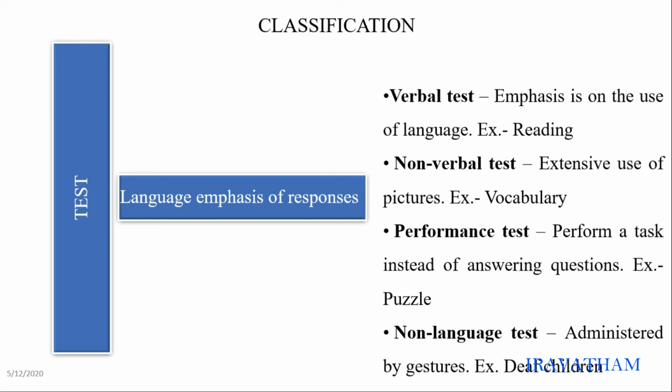Non-verbal test, extensive use of pictures, example vocabulary. And performance test, perform a task instead of answering a question, example with the help of puzzle pictures. The next one is non-language test. This one is administered with the help of gestures, especially for deaf and dumb children.